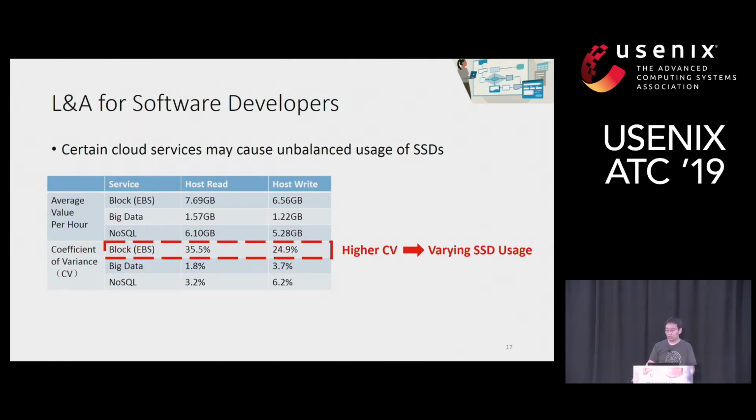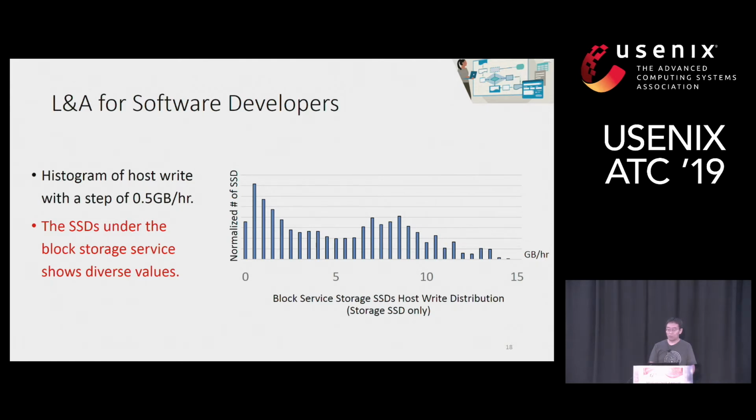we see a big difference between the block service and the other two. Both the big data and NoSQL are relatively nice, single digit. The block service is double digit, which means the SSDs under the block service have very diverse usage patterns. Here's one particular block service OSSD cluster, and this is the average over 3 months.